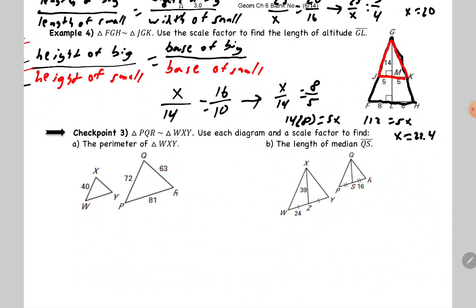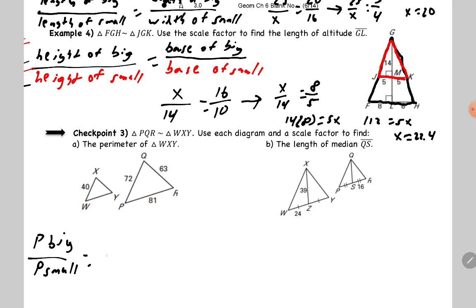First thing, we need to find the perimeter of W, X, Y. So we know from all the way up top that the ratio of the perimeters is proportional, so the perimeter of the big over the perimeter of the small is equal to the proportional side lengths there.